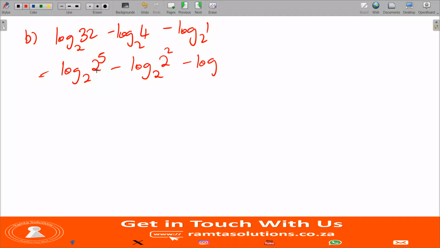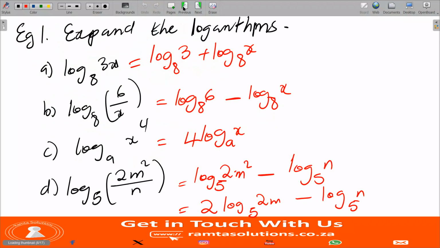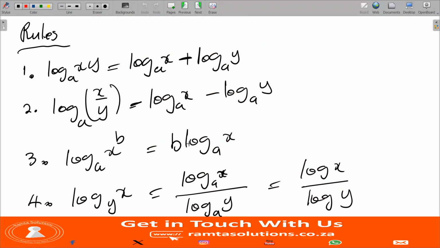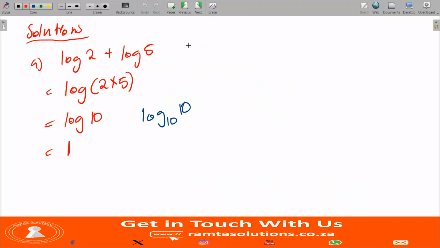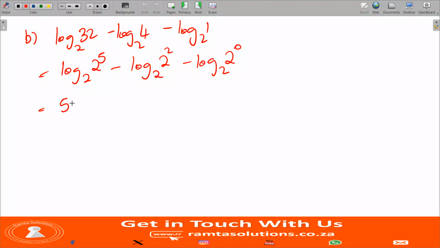We can also say this is 2 to the 0 base 2, isn't it? Now, we are applying rule 3. Let's remind ourselves, we are applying rule 3. So this then becomes 5 log 2 base 2.